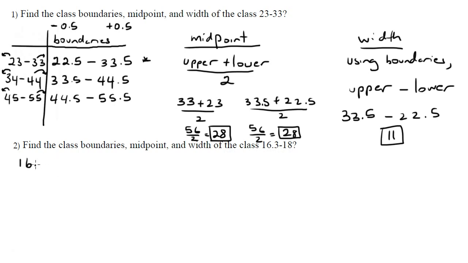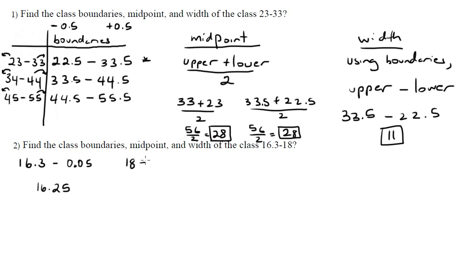So for 16.3, I will subtract 0.05. Subtract 5 hundredths instead of 5 tenths. Okay, so 16.3 minus 0.05 is 16.25.